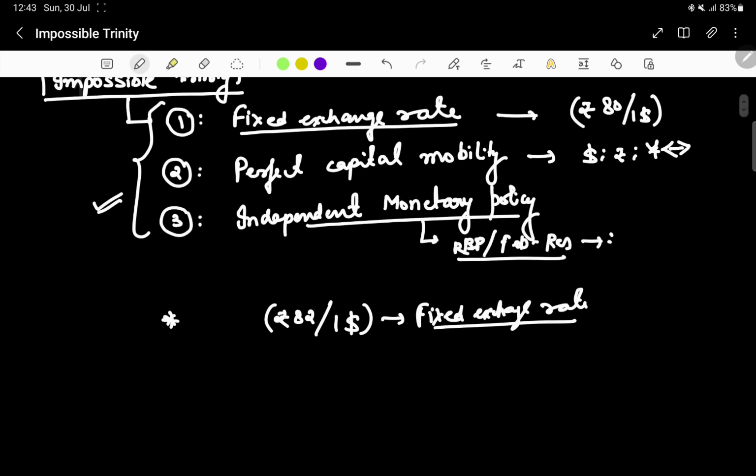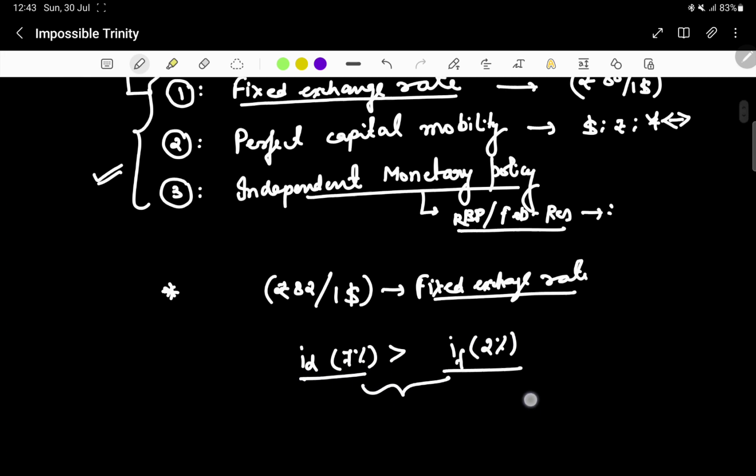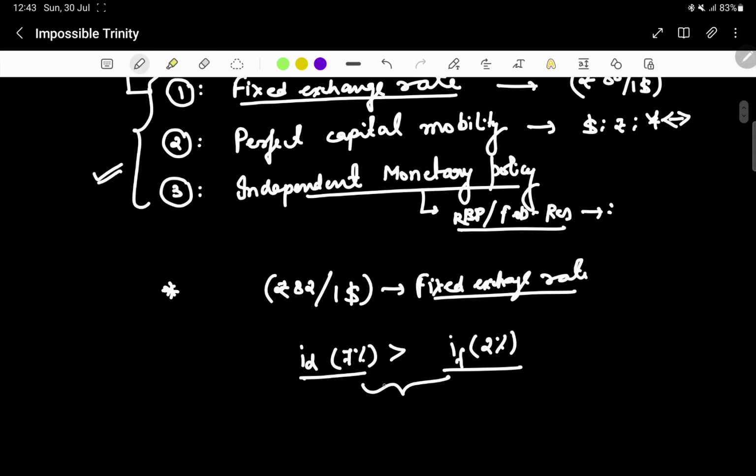And secondly, let us have our interest rate in the domestic economy at about 7%, which is greater than the interest rate in the foreign economy, say 2%. When interest rate differentials are there, it will lead currency to come to our country because our domestic interest rates are high. So if dollars migrate to our country, they will earn a higher return at 7% than what they were receiving at 2% in the United States.